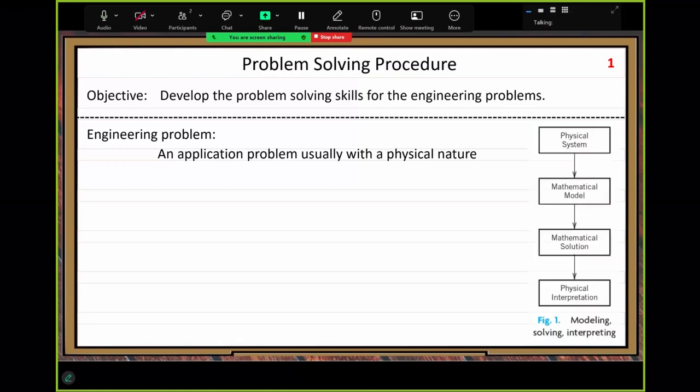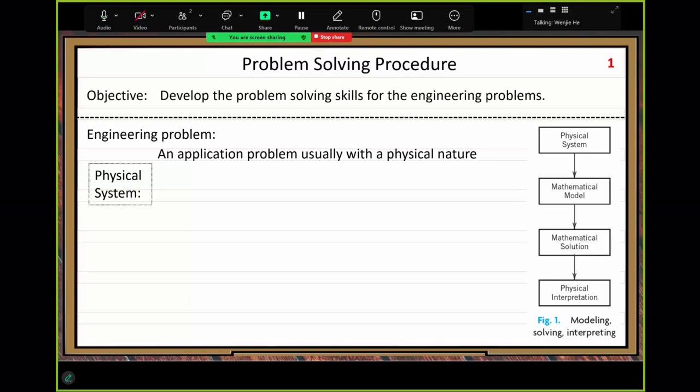For the whole procedure of solving this kind of problem, we go through these 4 blocks. Let me explain one by one. The first block is the physical system. When we start, we are given a physical system, the background of the problem.